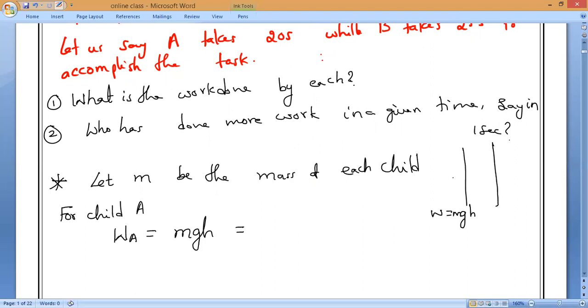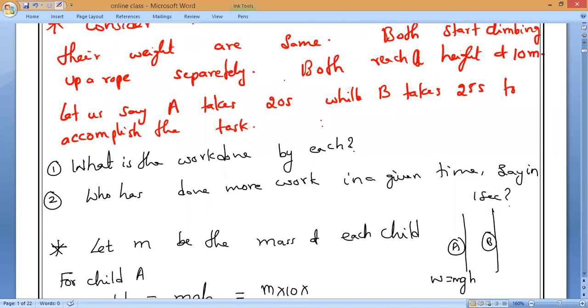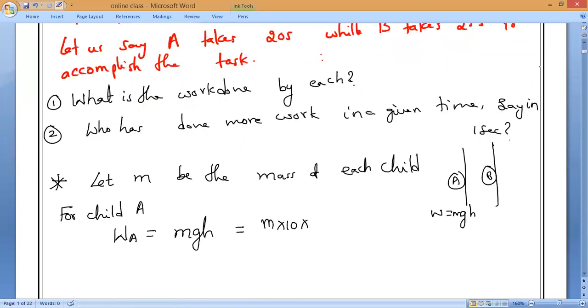So that is what you have to remember. Work done against gravity is m into 10 into the height they climbed, which is 10 meters.